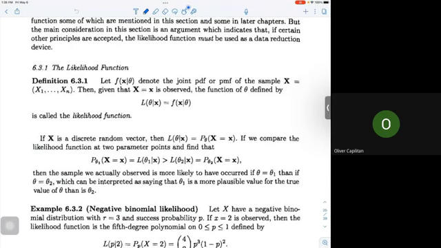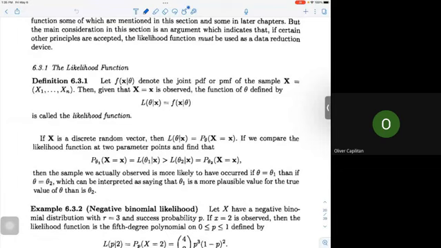Then given that the sample bold x is equal to this small bold x, which is the realized value of our random sample, the function of the parameter theta defined by L of theta given x, which is equal to our PDF f of x given theta, is called the likelihood function.